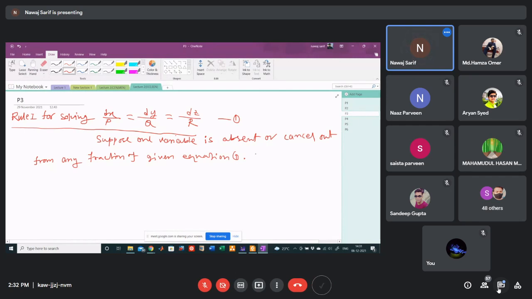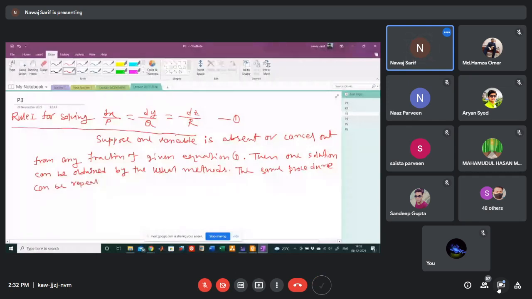The same procedure can be repeated for any other set of two fractions, for finding another solution.